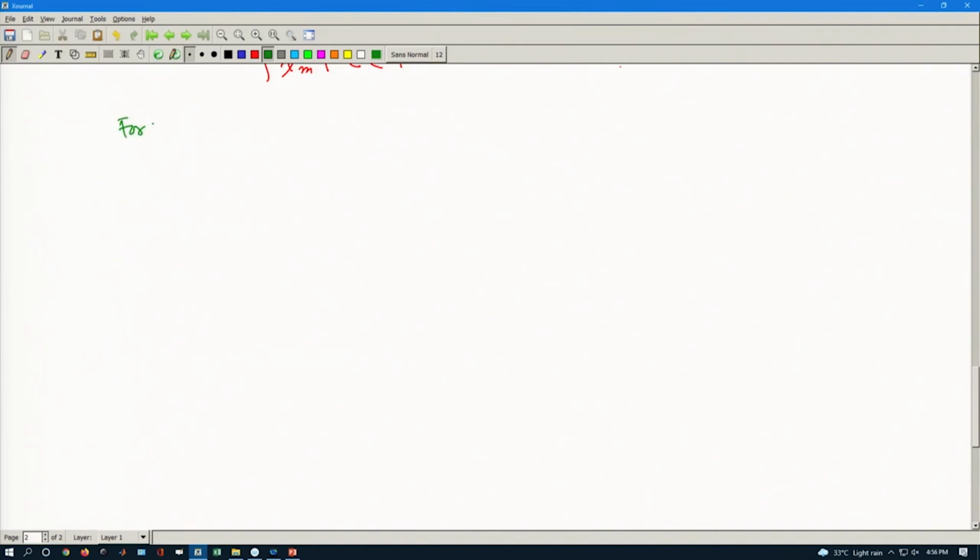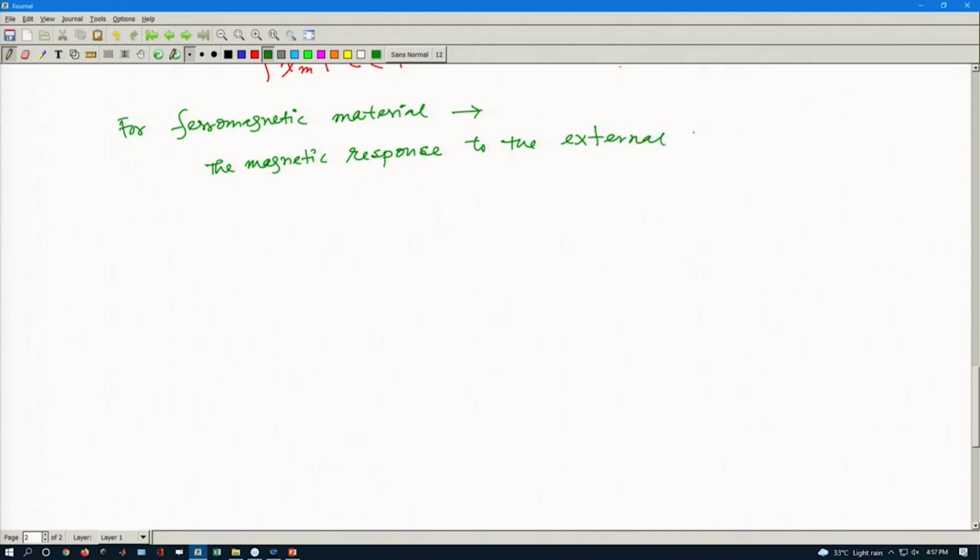For ferromagnetic material, the magnetic response to the external magnetic field is non-linear.